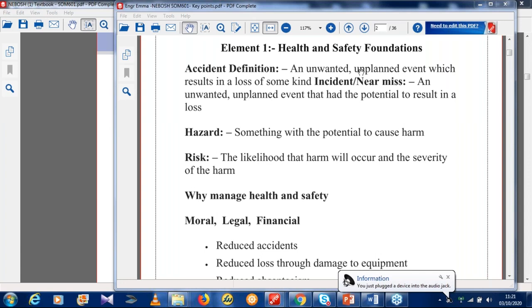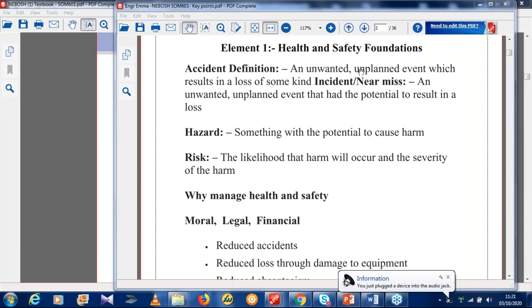Then we have the social sciences too, which cover economics, finance, psychology, sociology. All these are bounded within the confines of health and safety, and it comes with different benefits and different areas.